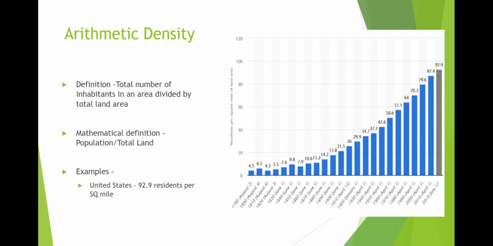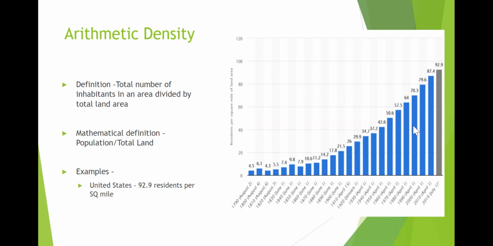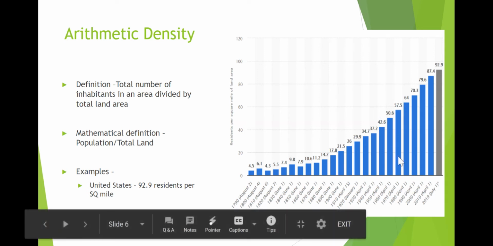In simple terms, it's the total population divided by land, usually square kilometers, or in the United States, square mile, because we use the metric system. But you can see on the right-hand side just how much the US has grown in terms of average total number of inhabitants per square mile throughout the years.